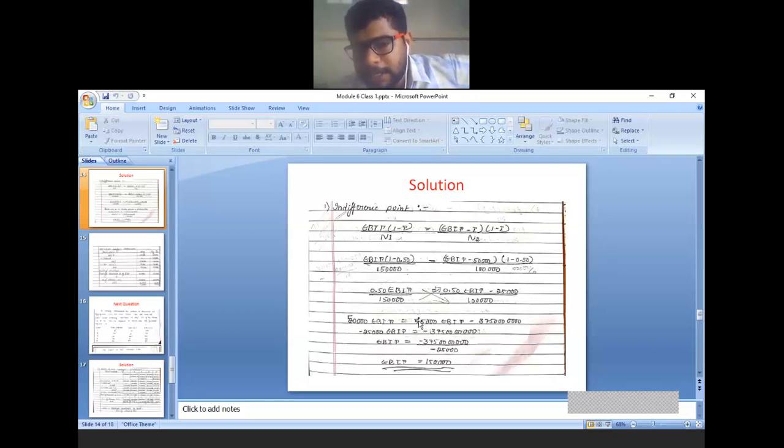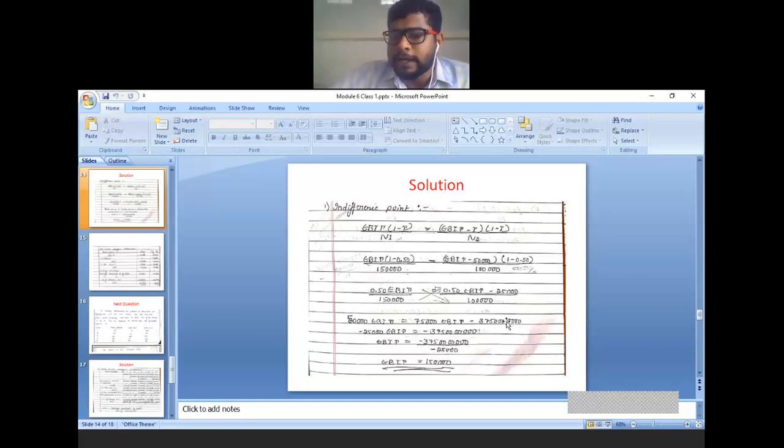So 50,000 EBIT is equal to 1,50,000 into 0.50, that is 75,000 EBIT. 1,50,000 into 25,000, that is 375 crore.